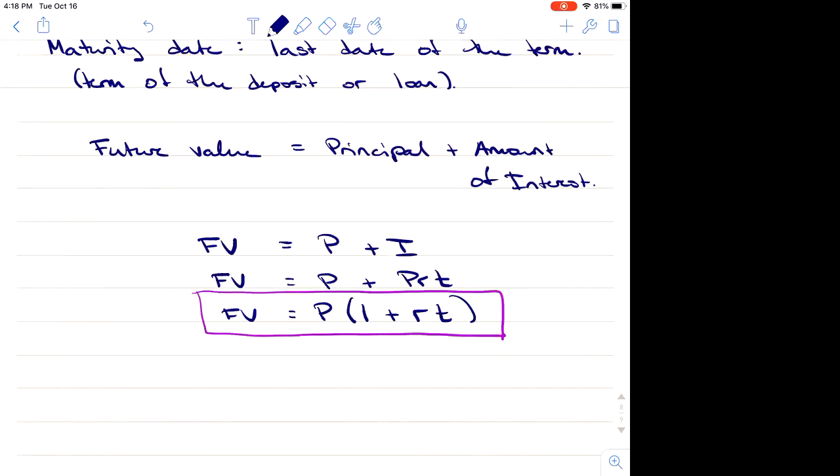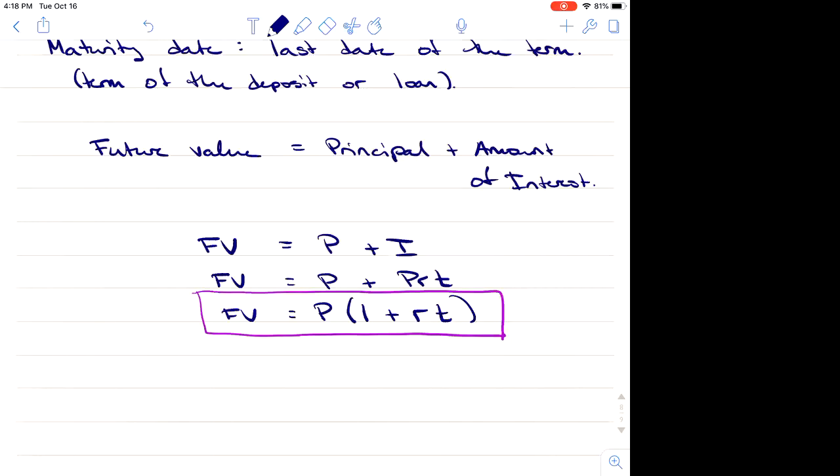Just like before, we have how many terms in here? We have 1, 2, 3, 4 variables. And so if we know any 3 of those 4, we can solve for the 4th one.